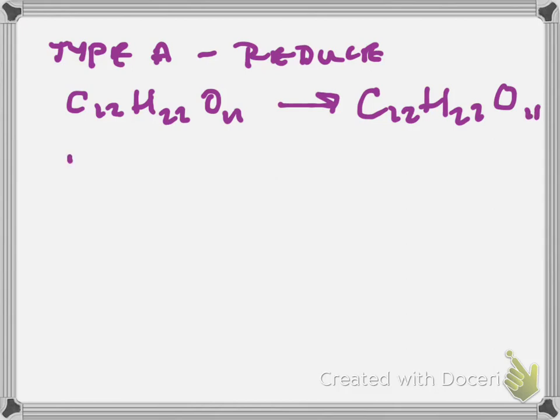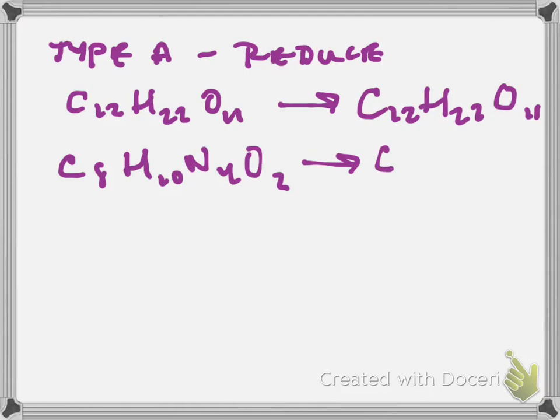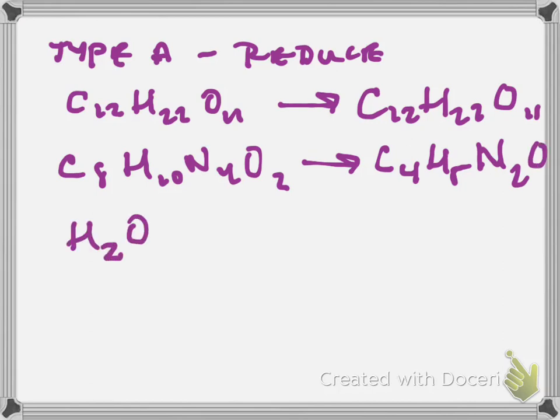For caffeine, C8H10N4O2, those are all divisible by 2, so you get C4H5N2O. For hydrogen peroxide, that's the molecular formula. The empirical formula is just HO. That one's done. That's all you have to do for type A.